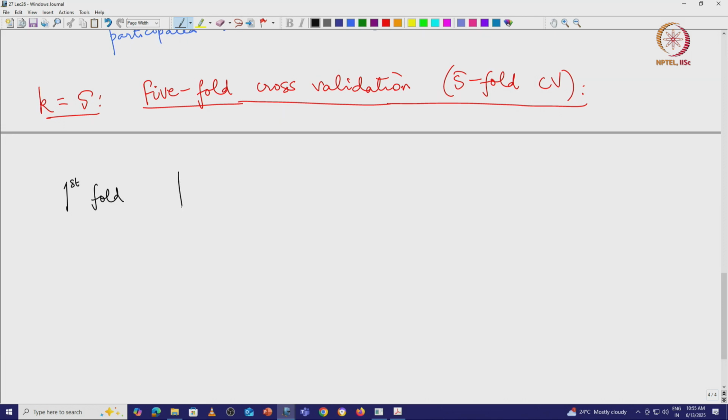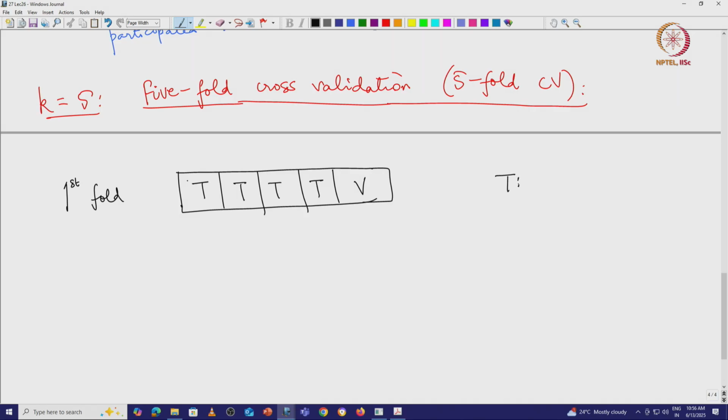Essentially we have partitioned the data into 5 folds, 1, 2, 3, 4 and 5, and in the first fold, these chunks are used for the training and the remaining one is used for validation. So, T is the training data and V denotes the validation data.